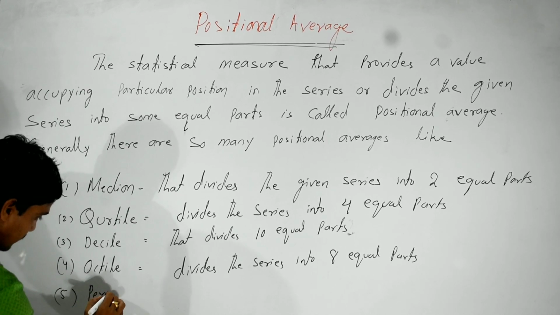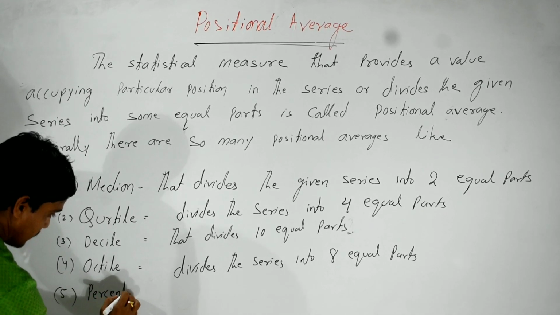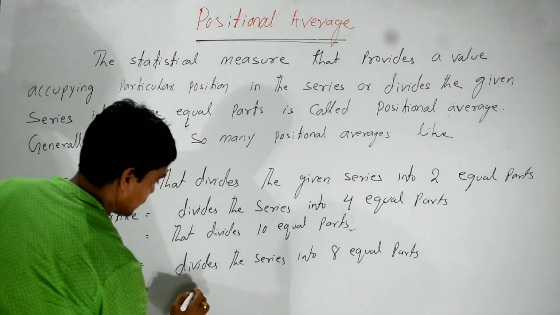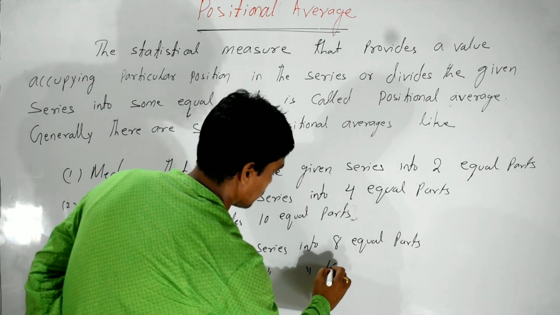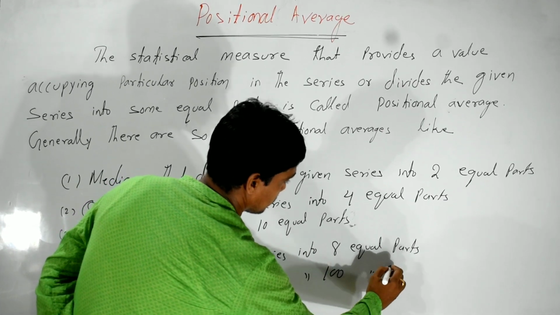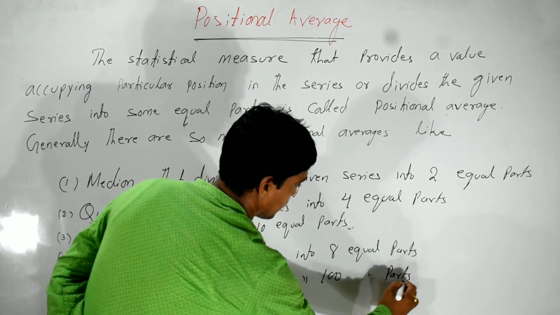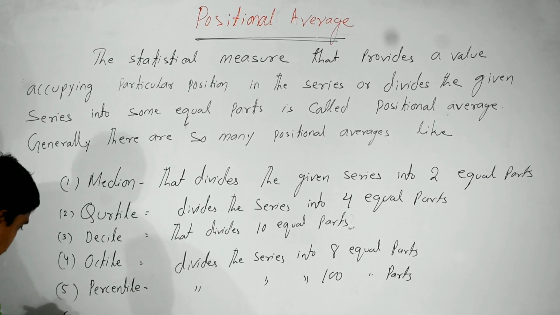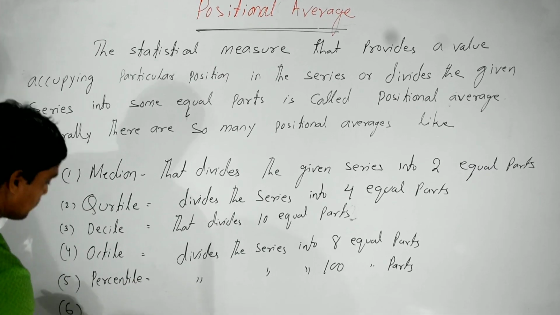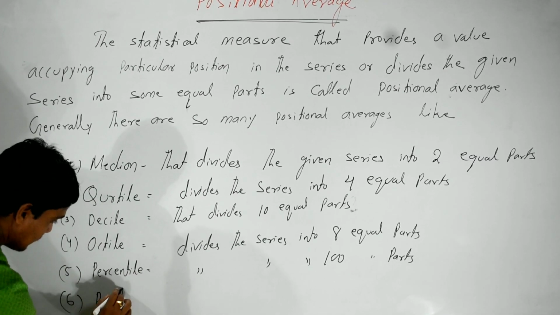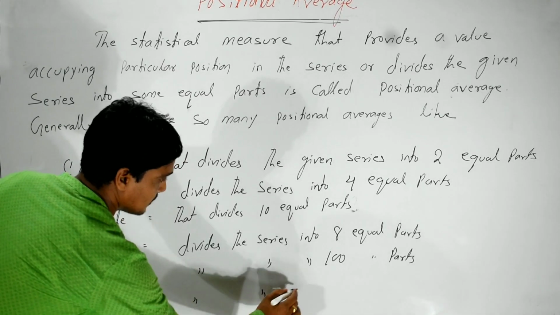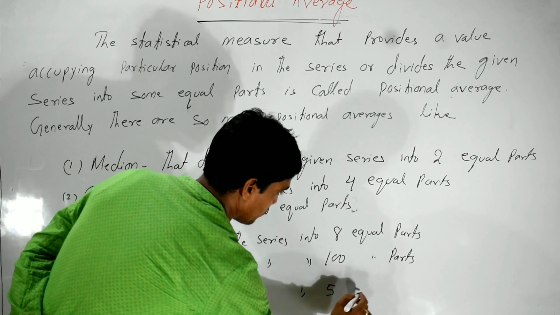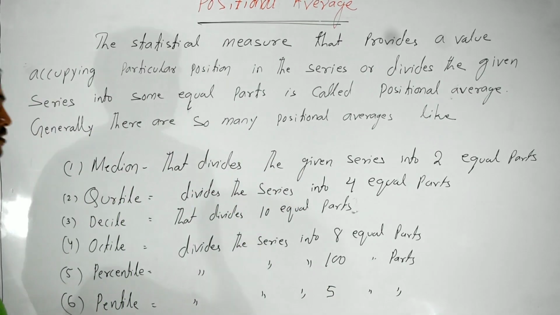Percentile divides the series into 100 equal parts. Pentile divides the series into 5 equal parts.